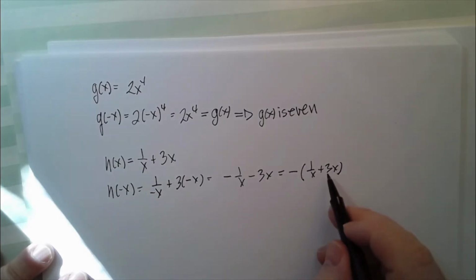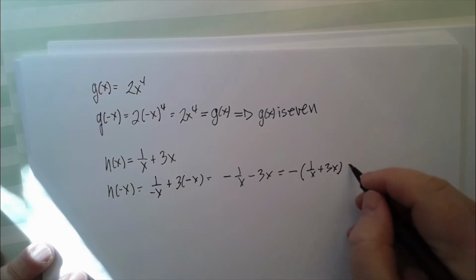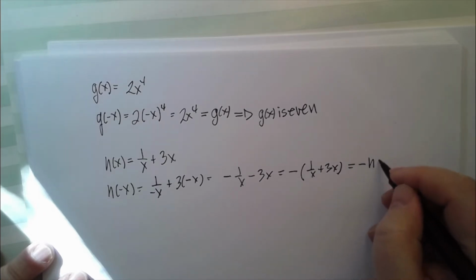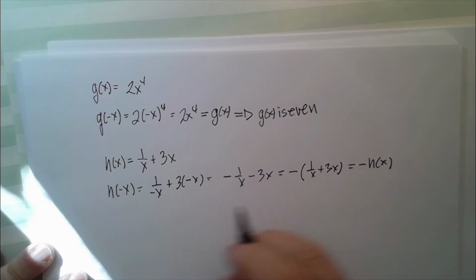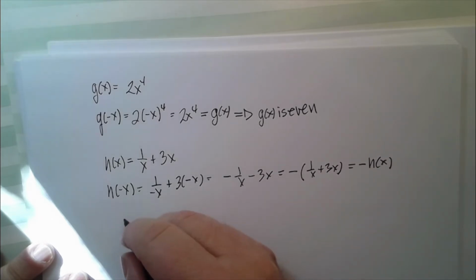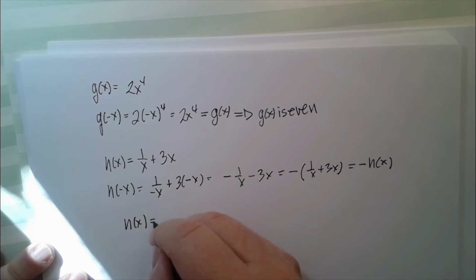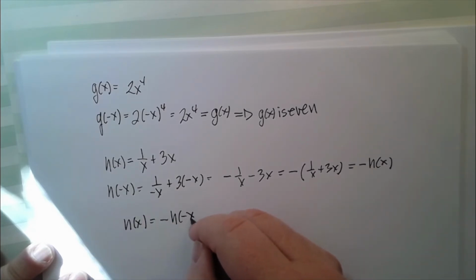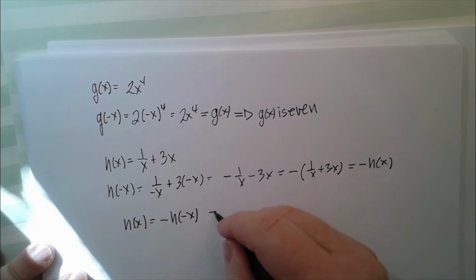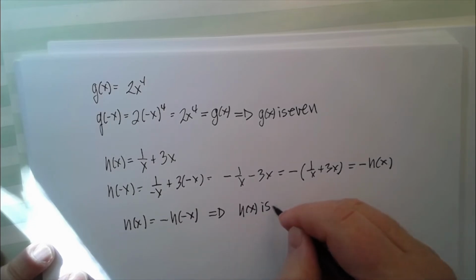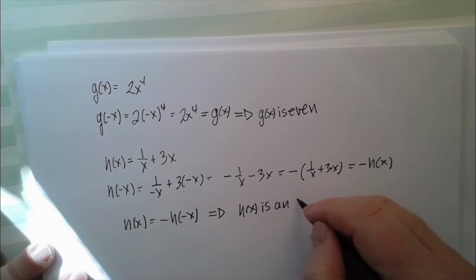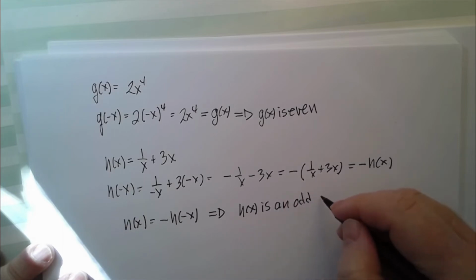This thing here, the 1 over x plus 3x, that's just h, so we get minus h of x. So what does that mean? That means that h of x is equal to, multiply this over to the other side, minus h of minus x. So that implies that h of x is an odd function.